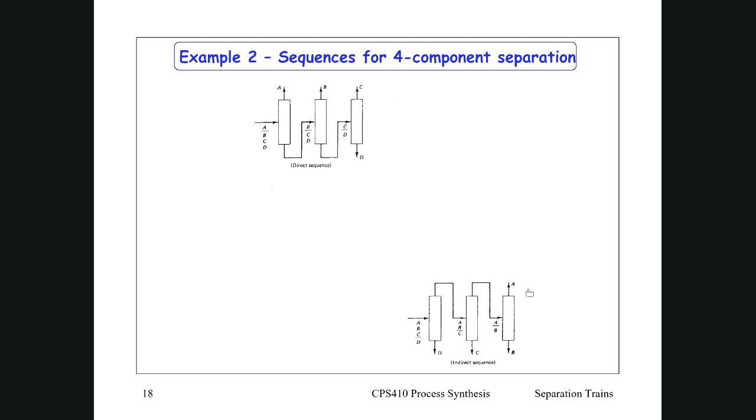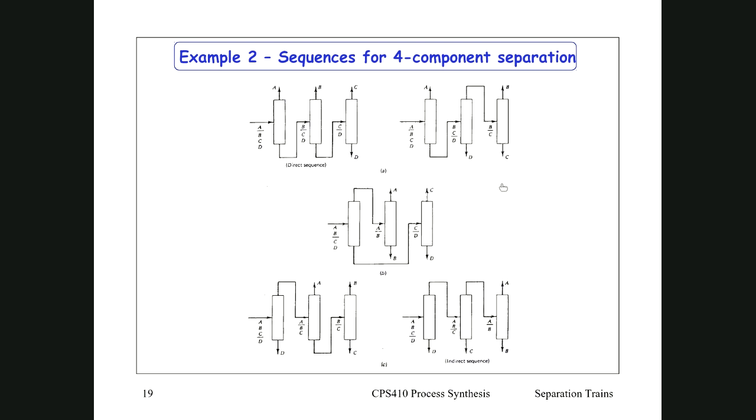And these are other separation sequences that are possible. First, take off A as a distillate, and then next take off D, and lastly BC.